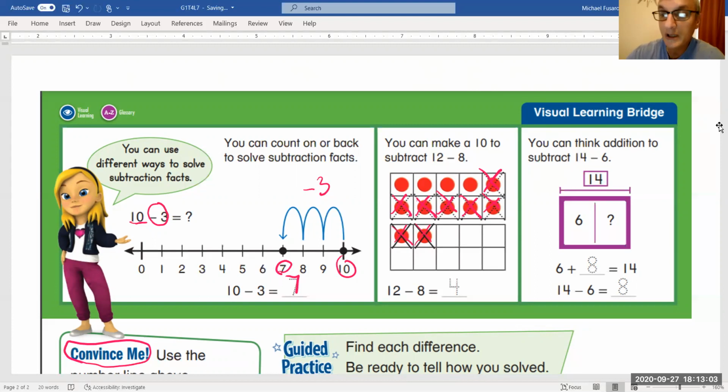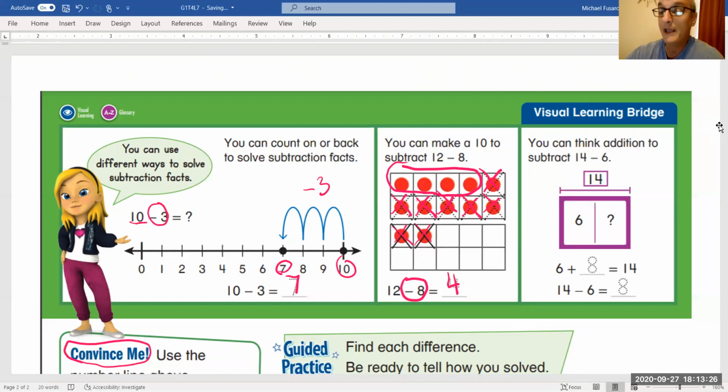Okay, so how many is she left with in this 10 frame that were not crossed out? 4. So we know that 12 is what we started with. We took 8 away, and we ended up with only 4 left that were not crossed out. All right, and that's the double 10 frame strategy.